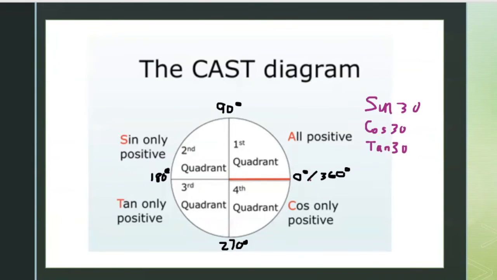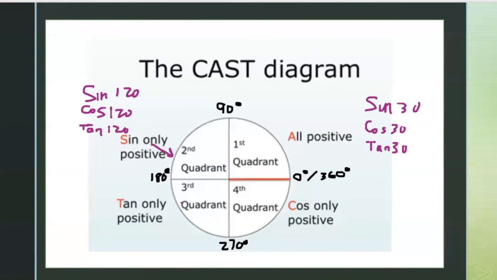In the second quadrant, I have between 90 and 180. Only sine will give me a positive value. So if I have sine of, say for example, 120 degrees, that will give me positive, but cos of 120 will be negative, and also tan of 120 will be negative.